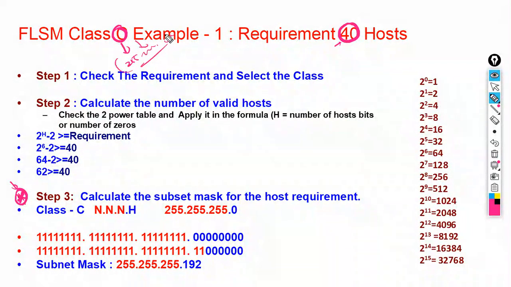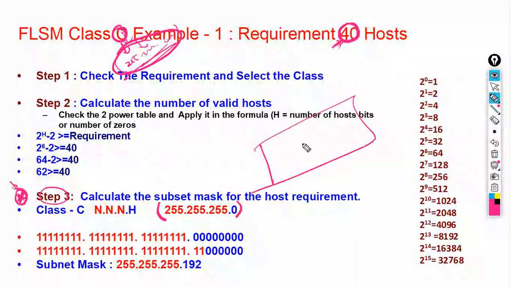We cannot use the default subnet mask after doing the subnetting. Subnetting is all about having a separate subnet mask for the requirement. If you do not have a separate subnet mask and use the default subnet mask, what will happen?